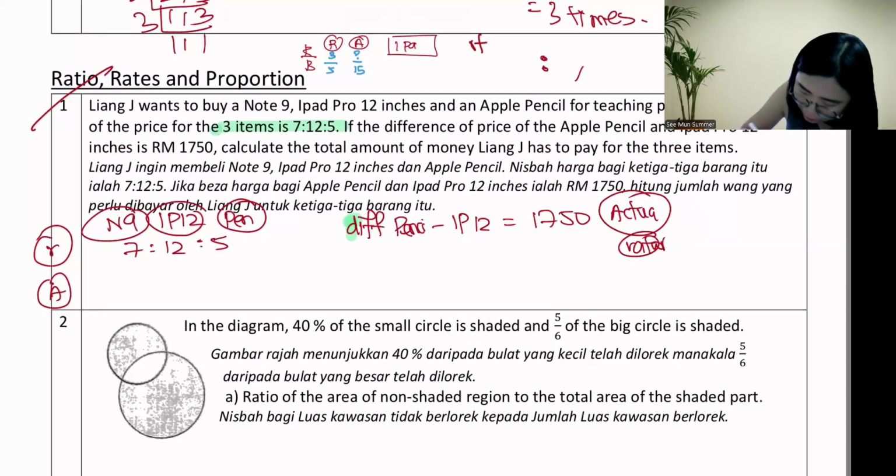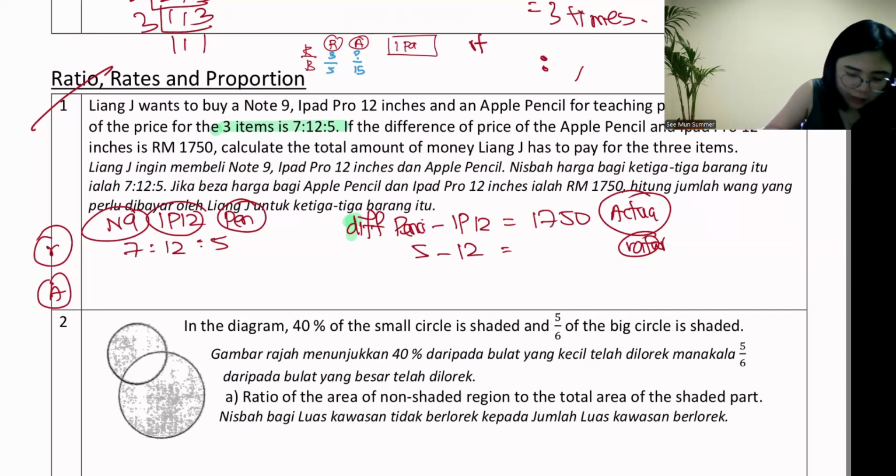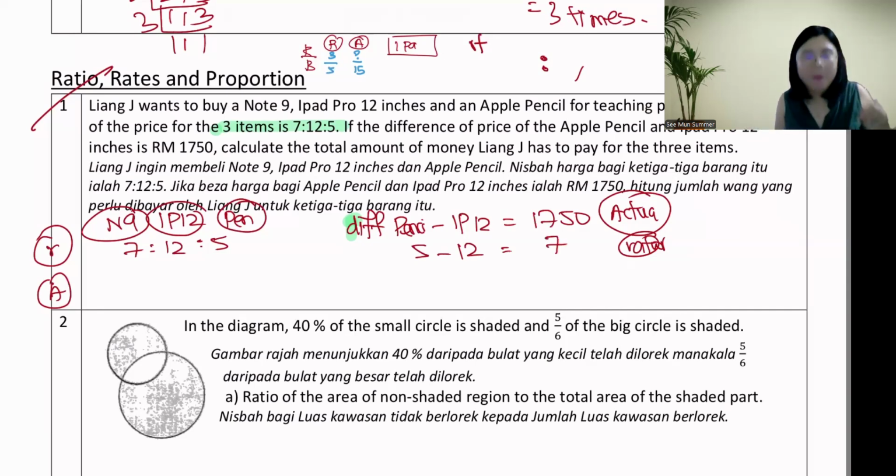Apple Pencil is 5, and iPad is 12. So the difference is how many parts? It's 7, right? So 7 parts equal 1750.